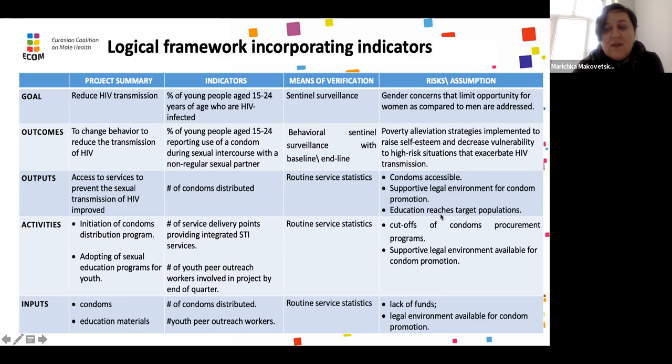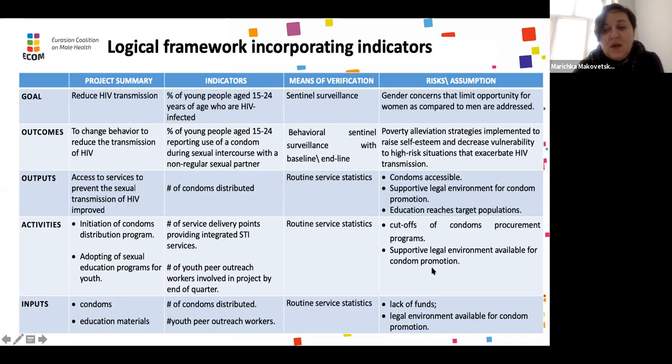And then, as I always say, we should think about the risks that we might have. For example, there may be cutoffs of condom procurement programs. If you have no condoms available, then obviously your program is at risk, because you will have nothing to give your clients.